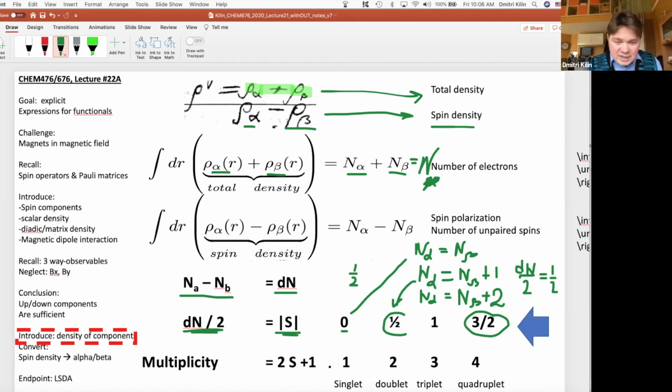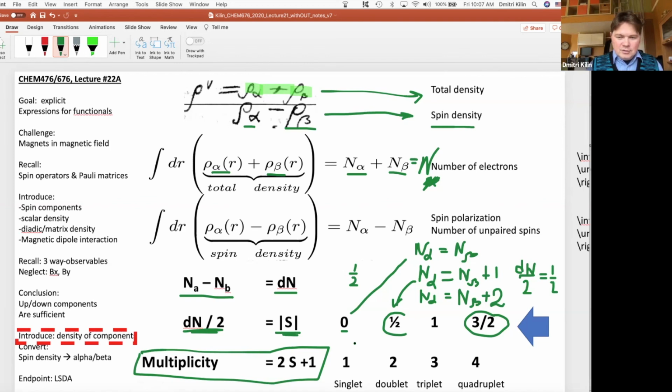Now, the next little thing. There is a quantity called multiplicity, which tells how many degenerate states can be formed by a state with a certain amount of spin. Degeneracy means how many copies, how many orientations of spins.